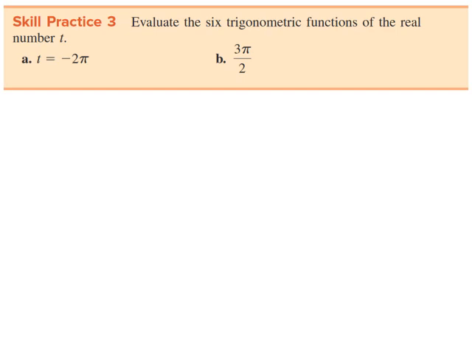It says evaluate the 6 trig functions given these values for t. So negative 2 pi. If I think of a unit circle, negative 2 pi, we're traveling in the negative direction, 1 full revolution.